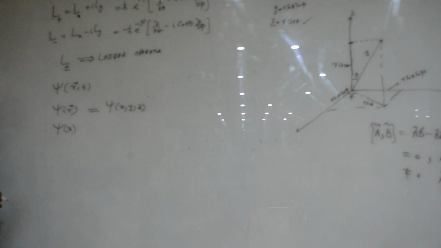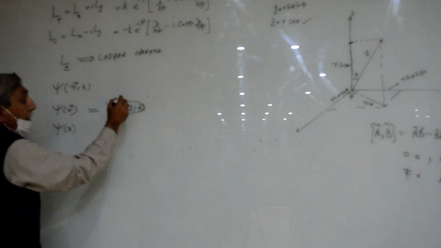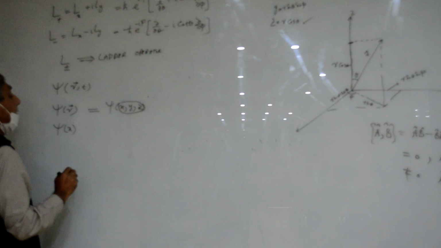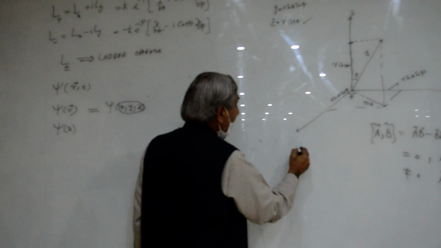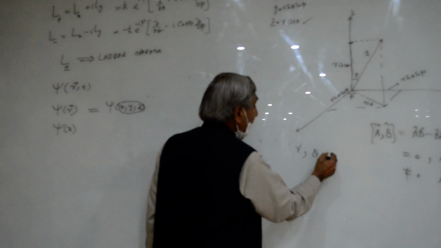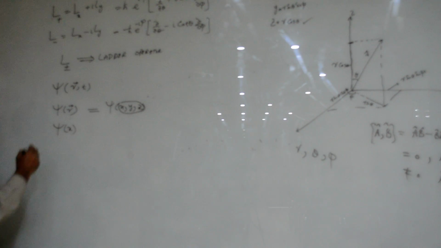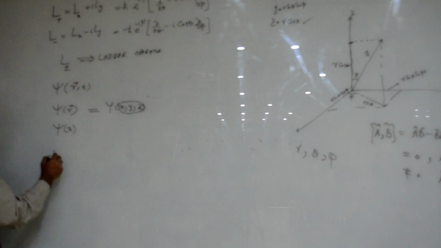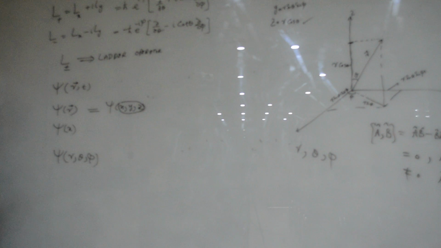Since you can transform rectangular coordinates to spherical polar coordinates, where you have 3 variables r, theta, phi, while in x, y, z coordinates you have x, y, z, psi of r, theta, phi is the same wave function in spherical polar coordinates.